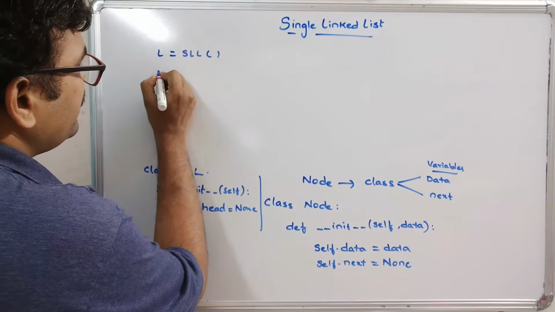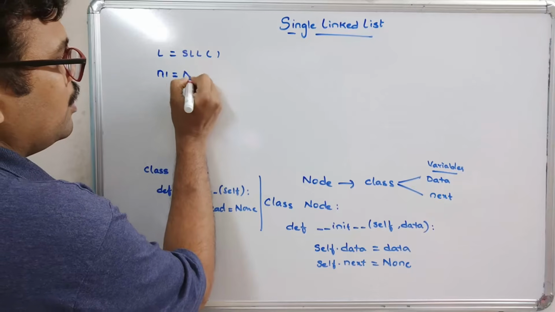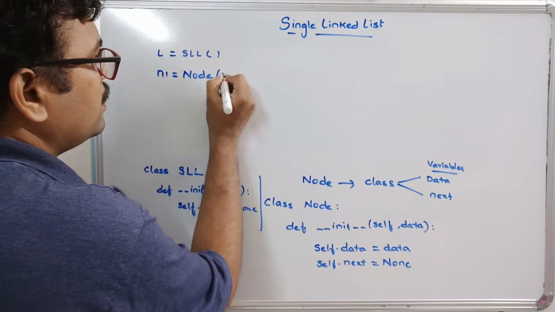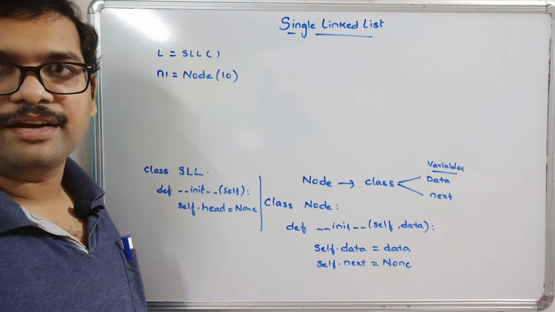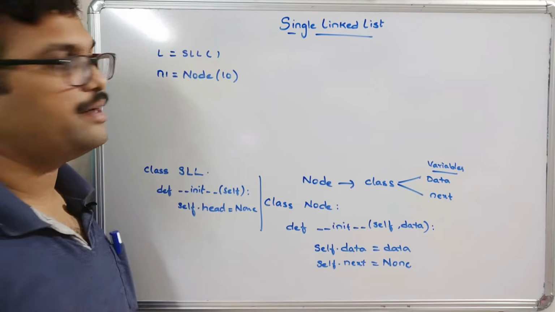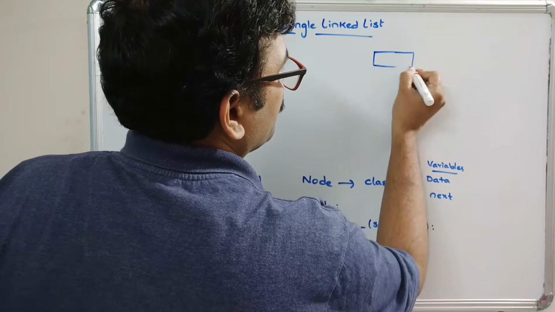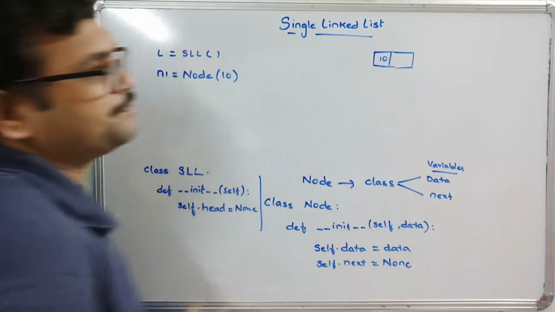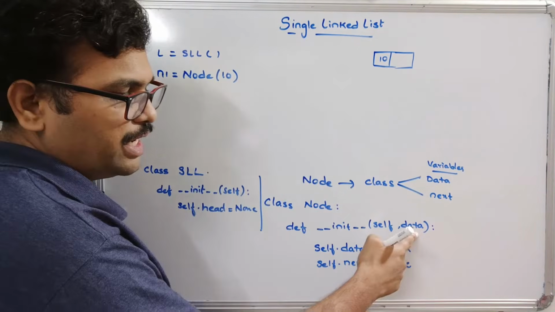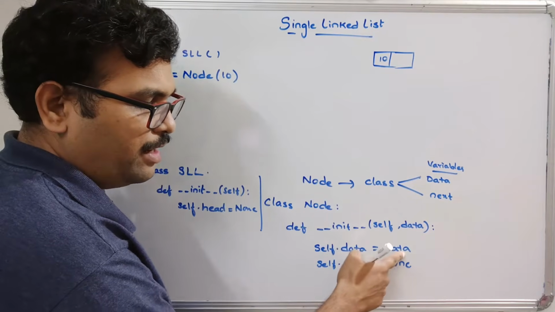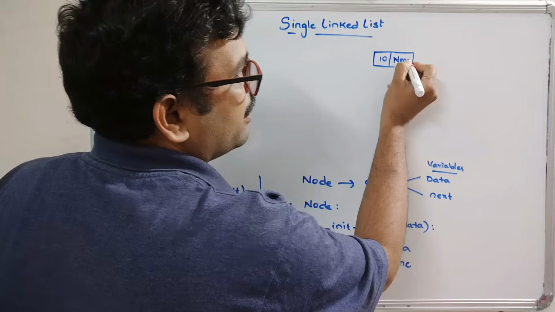Now a node is created, N1 is equal to Node of 10. Automatically 10 will be moved to the data, so self.data will be 10 and self.next will be None by default.